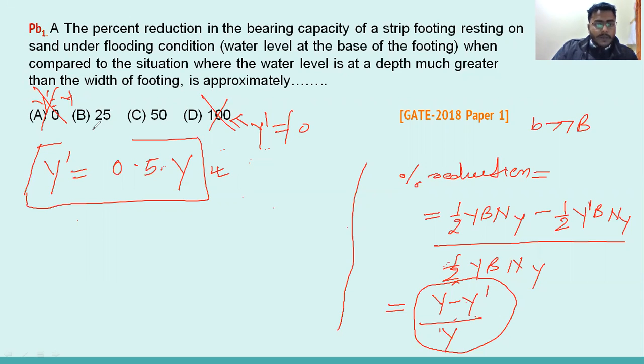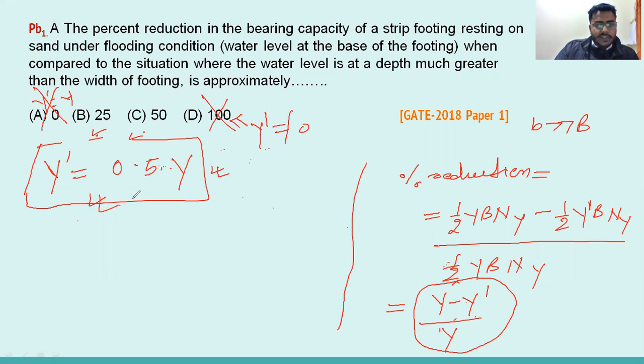So here we have two options, 25% and 50%. There is a common assumption that the submerged unit weight of soil is more or less half of the unit weight of soil.